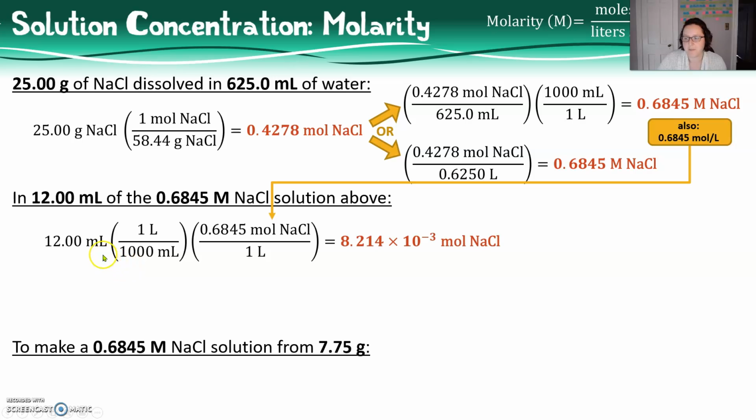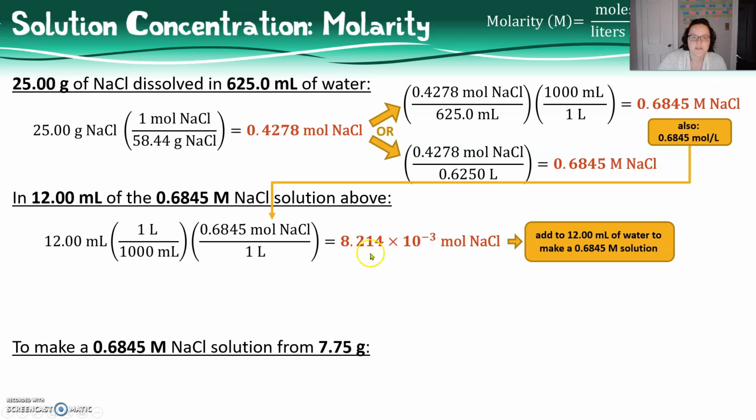Here, I've converted the milliliters to liters in the dimensional analysis first, before using the molarity to finally get the moles. So we can see that 8.214 times 10 to the negative third moles of sodium chloride are contained in 12 milliliters of the 0.6845 molar solution.